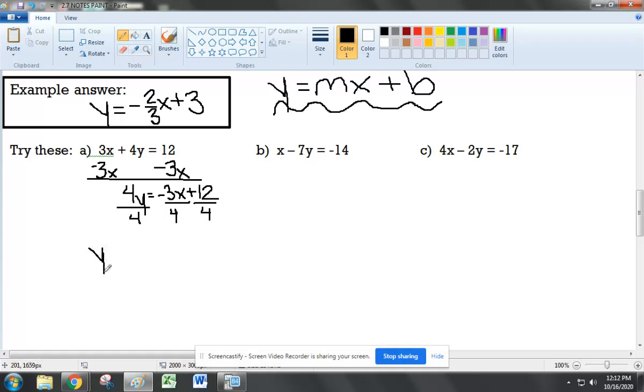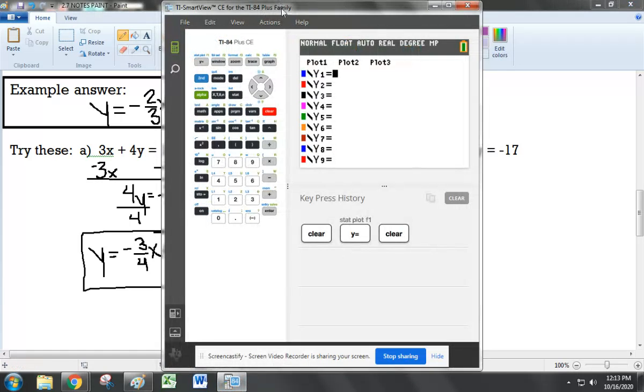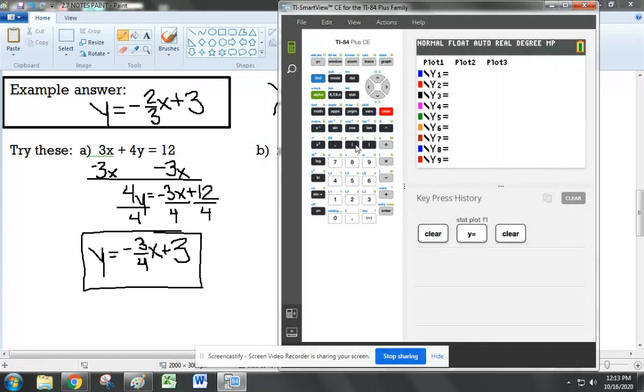And again, the reason I do that is so that we can get in the habit of using that mx plus b thing before it even comes time to graph. You will be so good at getting it in this form that you won't have to worry when it's time to graph, because when it's time to graph, all you're going to have to do is take your slope-intercept form and use it.